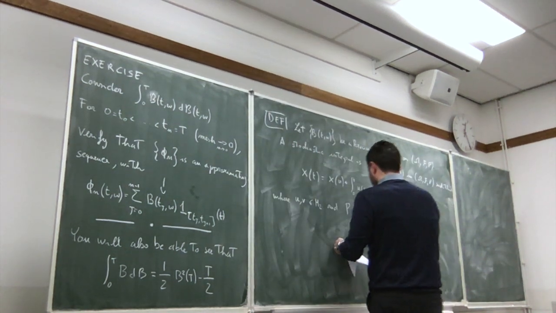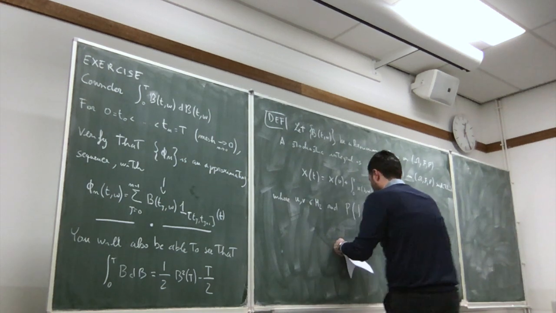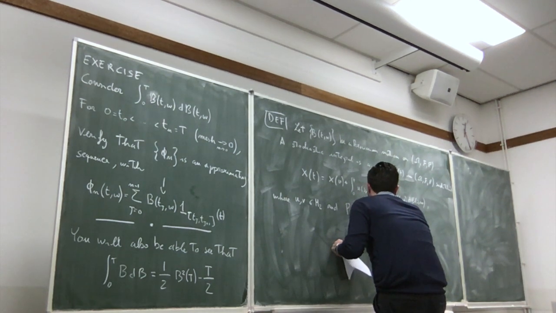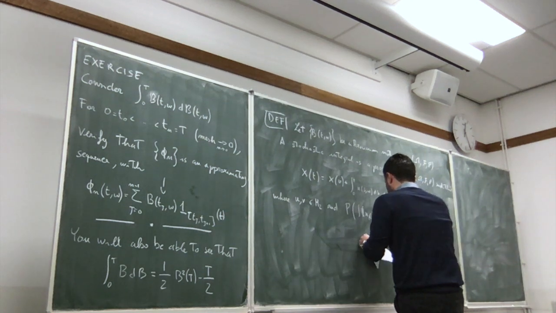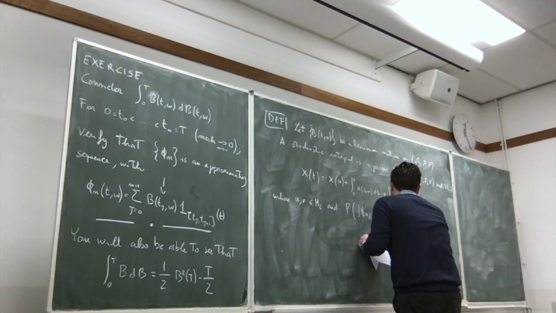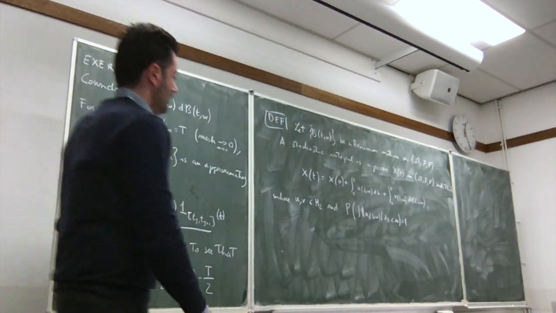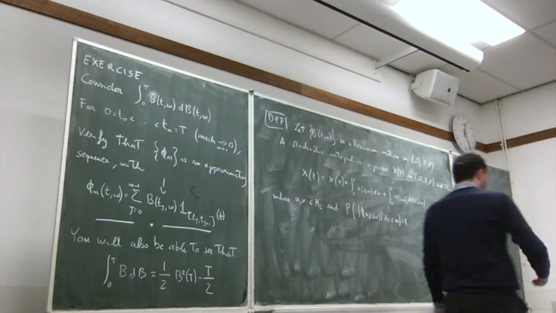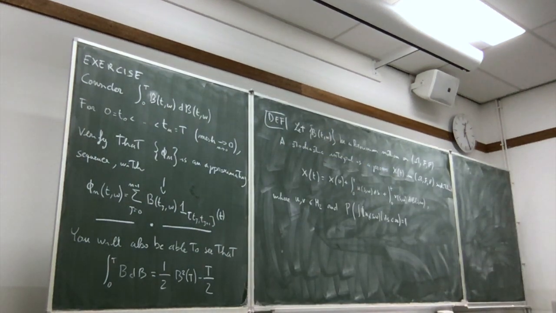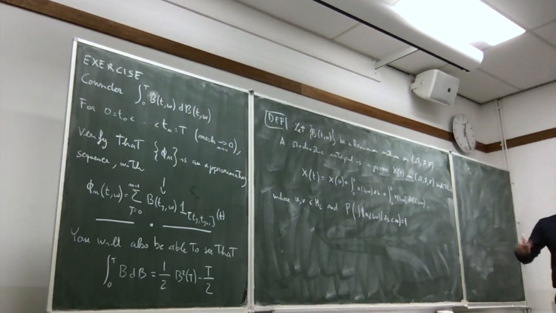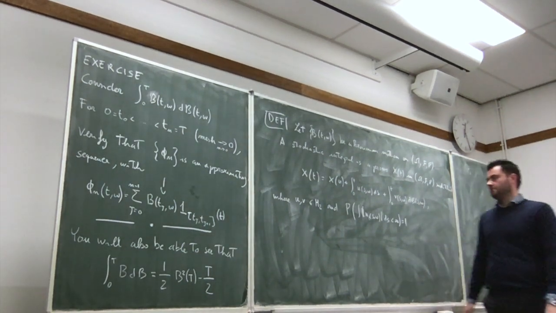The probability that the integral of u_s(omega) ds is finite is equal to 1. So on u, we also require a first moment condition, if you want. It's not only about something that implicitly requires the second moment, but is also on the first moment.